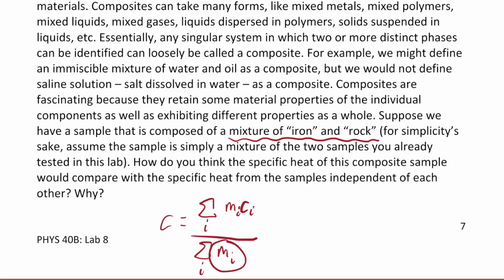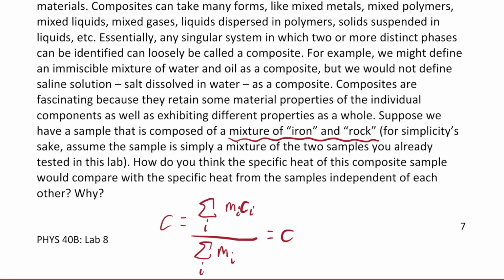Then we divide by the total mass of all the components together. So if you sum up all the heat capacities and divide by the total mass of the compound, you get the specific heat of the compound in total.